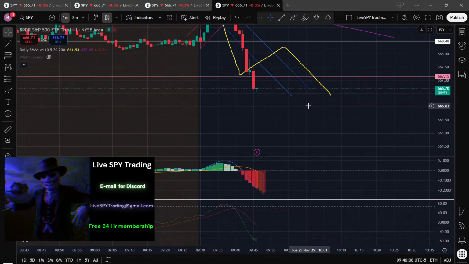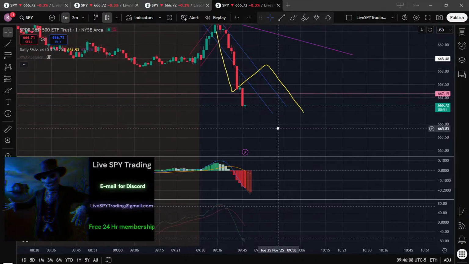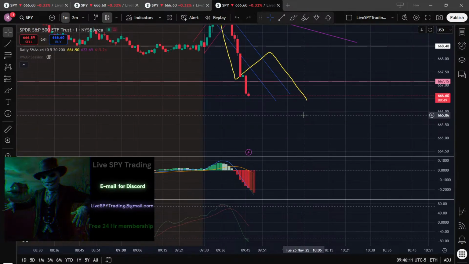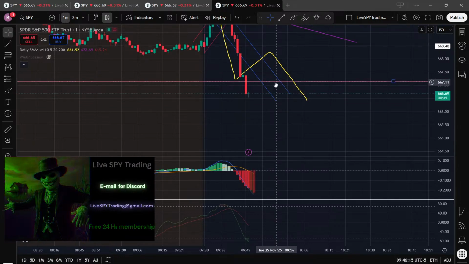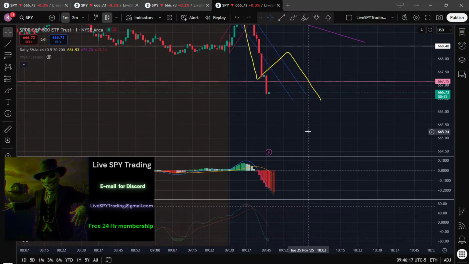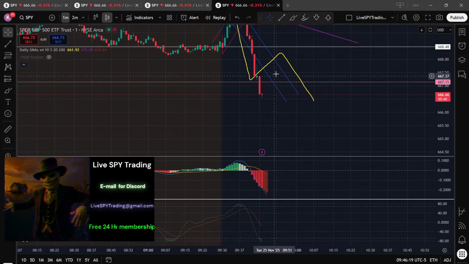Oh boy, here comes the avalanche. I would like to see some retest of this key level here. May not get it, but I would like to see a retest of this key level.